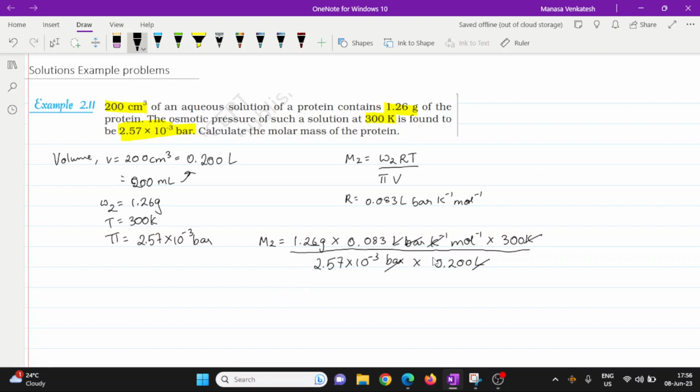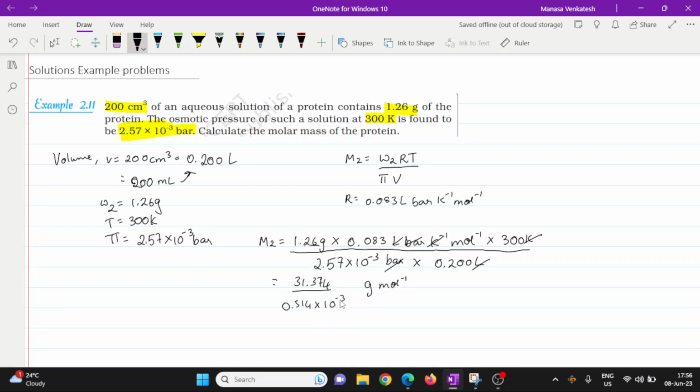When we simplify the numerator, we get 31.374, divided by 0.514 into 10 to the power minus 3 grams per mole.